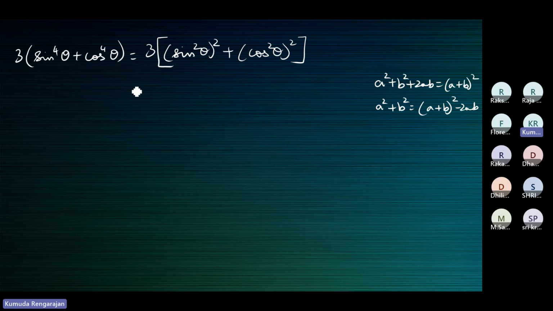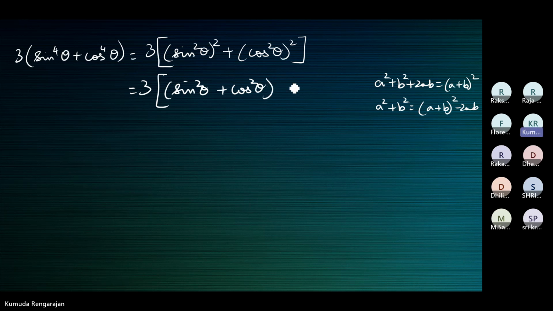Okay, so this is 3. And what is a square plus b square? It is a plus b the whole square minus 2ab. 2ab is 2 sine square theta, cos square theta.